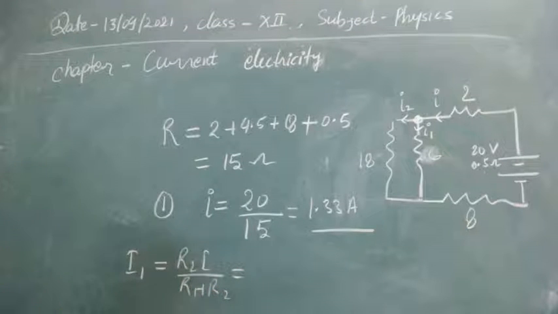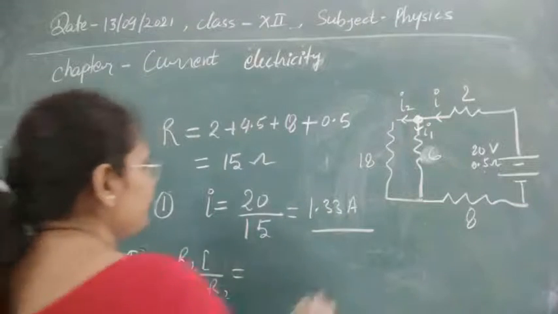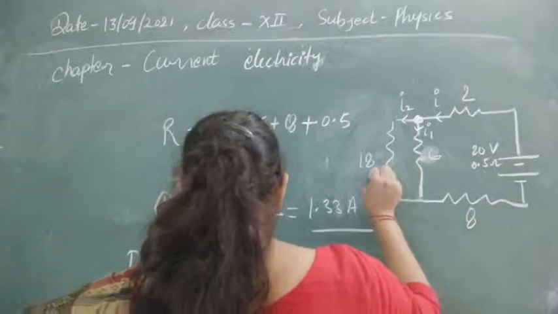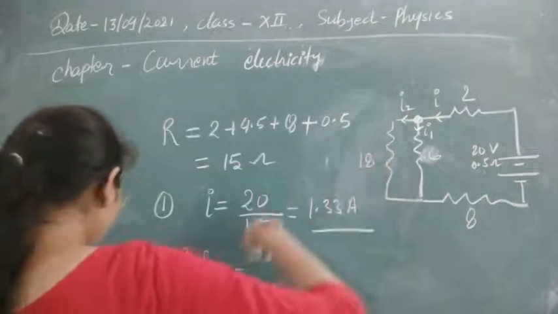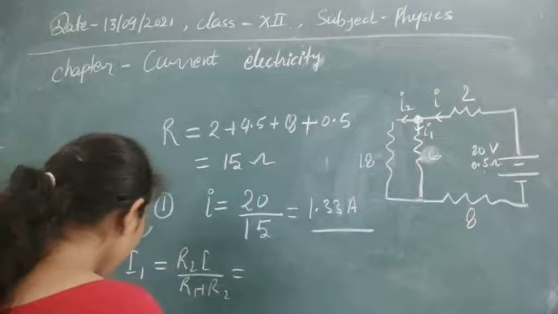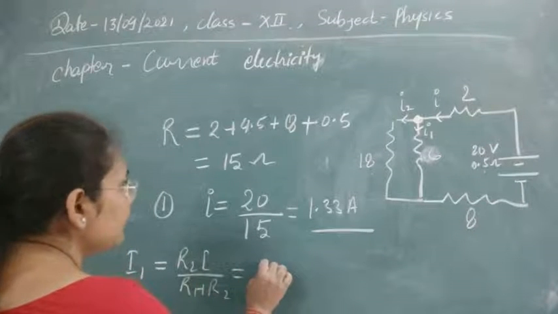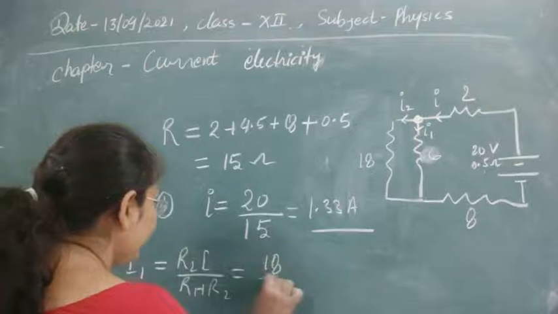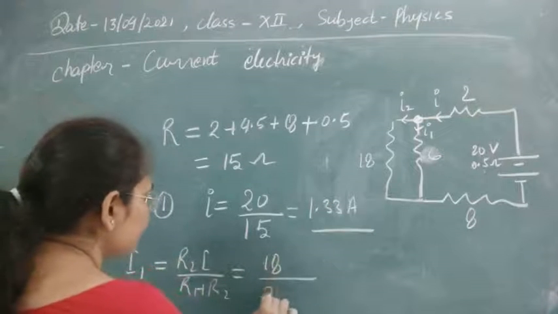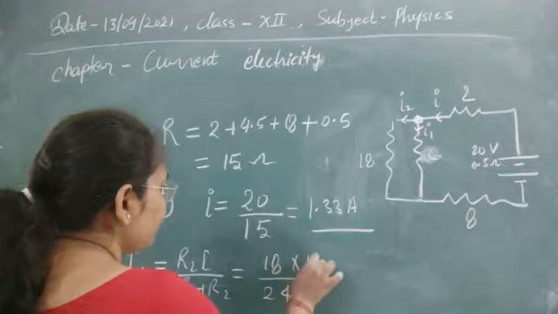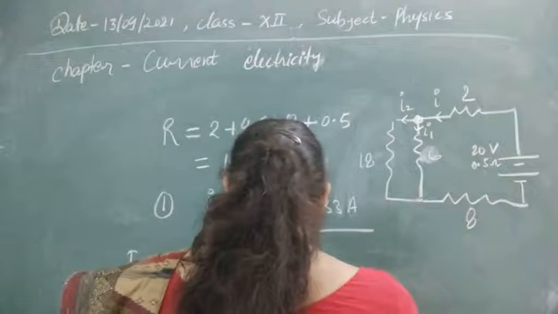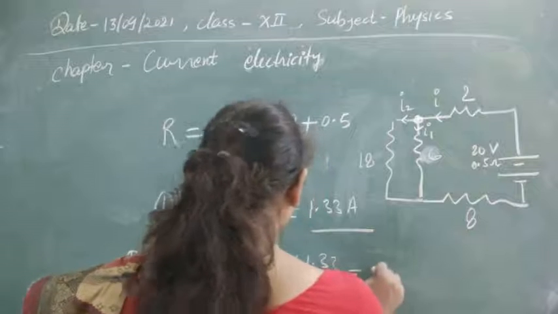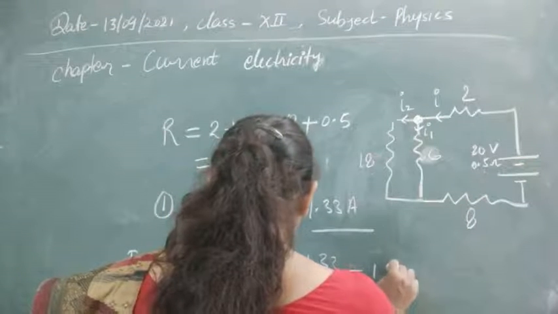Let's write down the values given to us. Here R1 is 6 and R2 is 18. As I has value 1.33 and R2 has value 18, and 18 plus 6 is 24, if you solve it, we finally obtain the value of current equal to about 1 ampere.